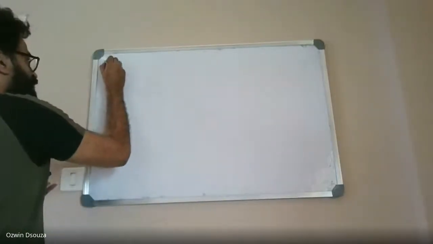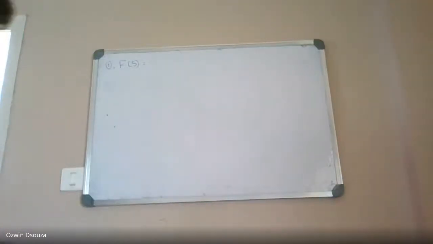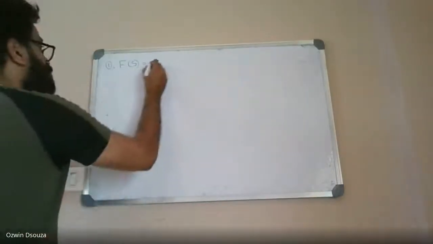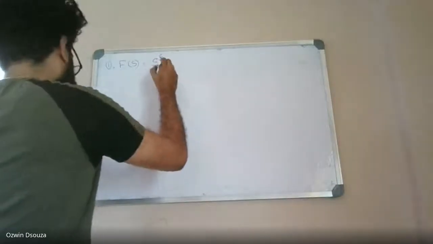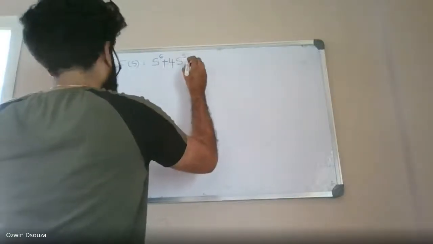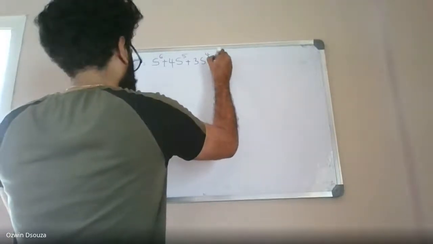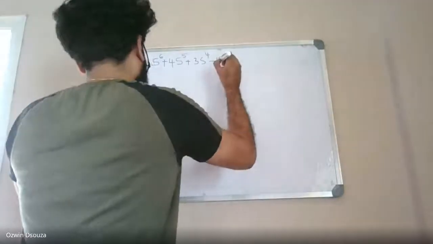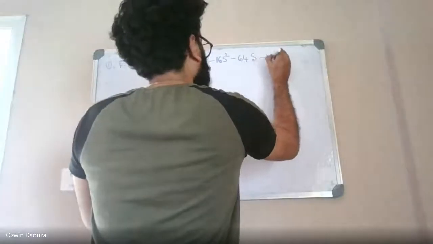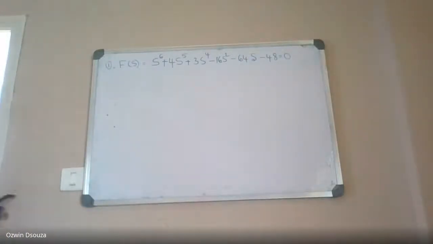So what you have is the system's characteristic equation, f of s, which is given as s to the power 6 plus 4 s to the power 5 plus 3 s to the power 4.